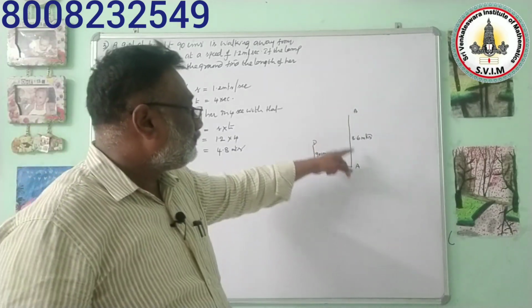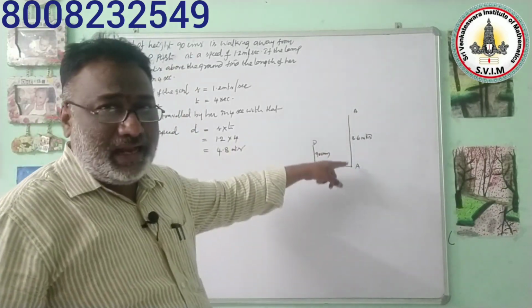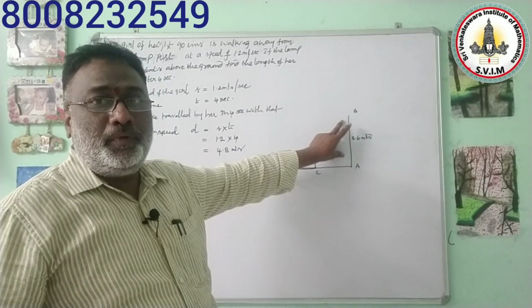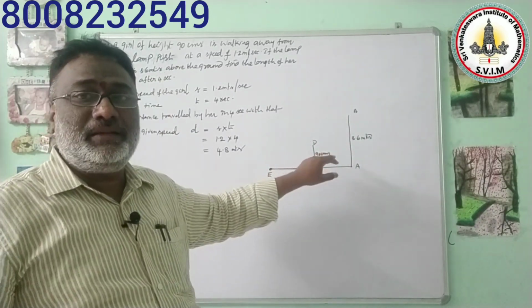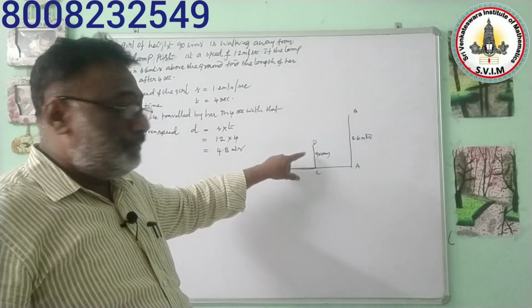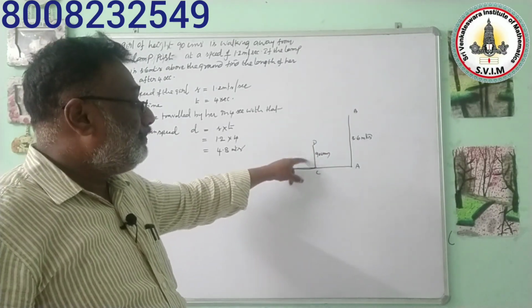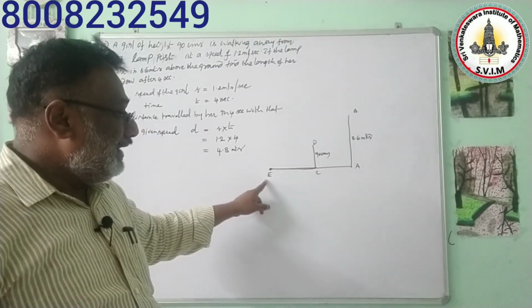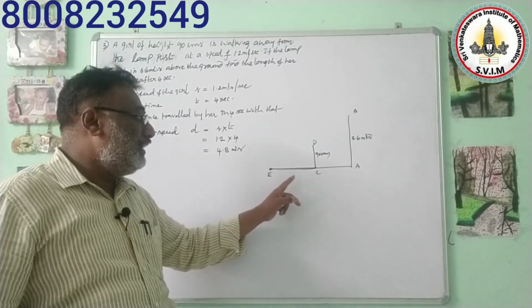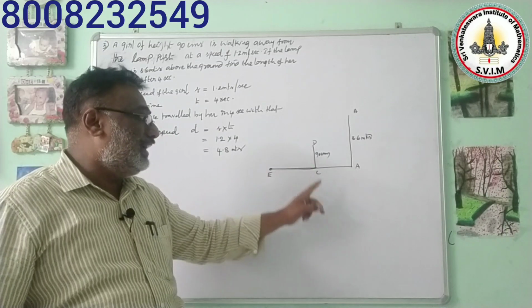Next, this AB is the height of the lamp post, and this CD is 90 centimeters, that is the height of the girl. Next, EC is nothing but the length of the shadow of that girl.